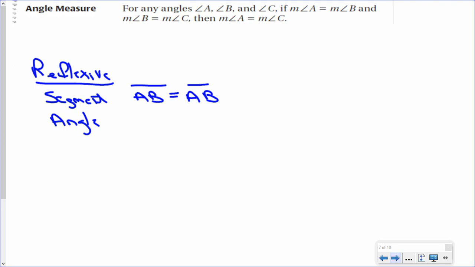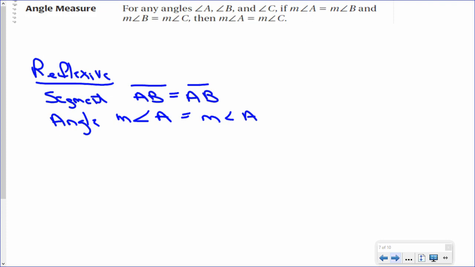You'll have one segment equal to the other one. So reflexive is one side equal to the other side, which really doesn't make sense now, but as we go through proofs, it'll make more sense. An angle is usually just one letter, like angle A. So put the measure, that's what M stands for, the measure of angle A is equal to the measure of angle A. Okay, so that covers reflexive.